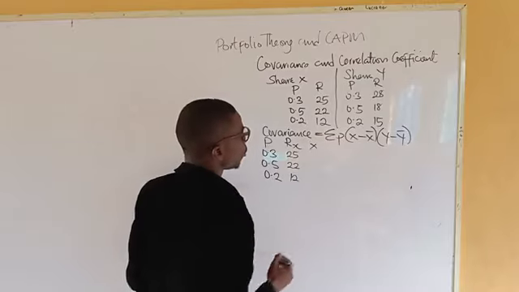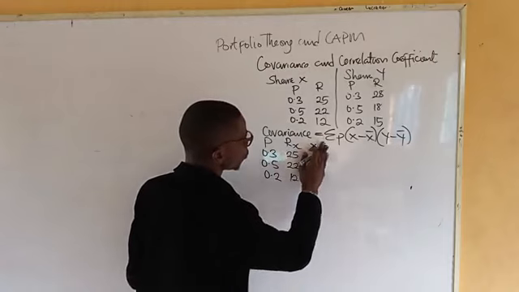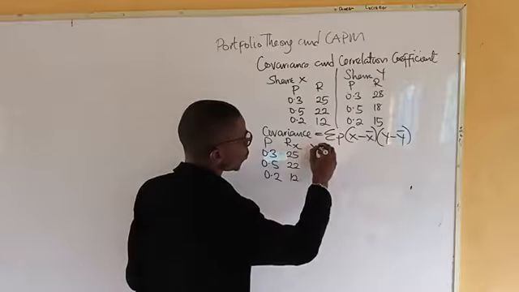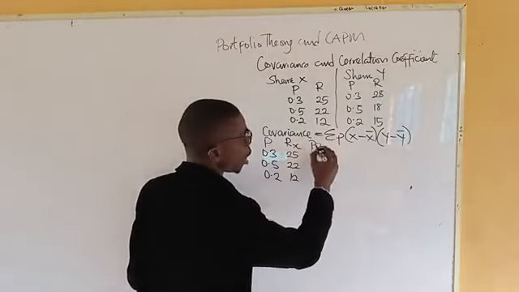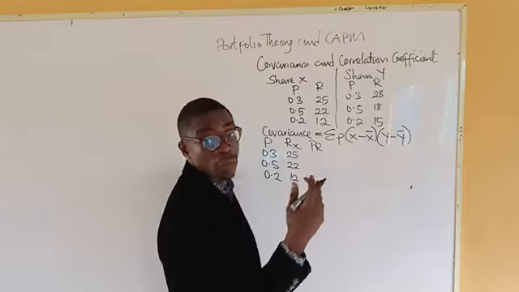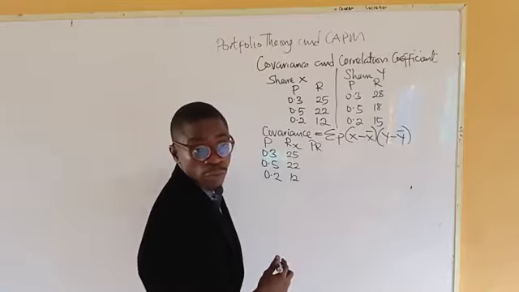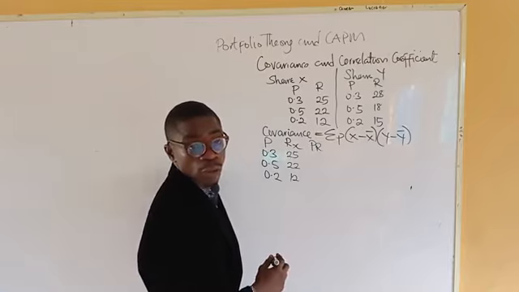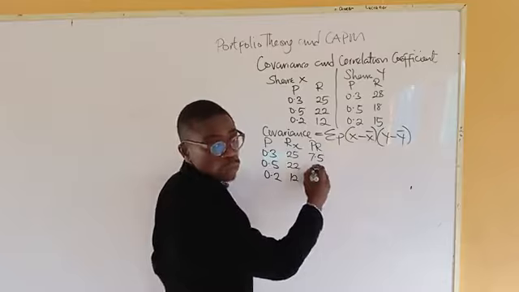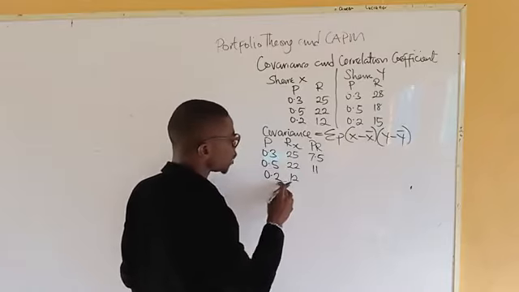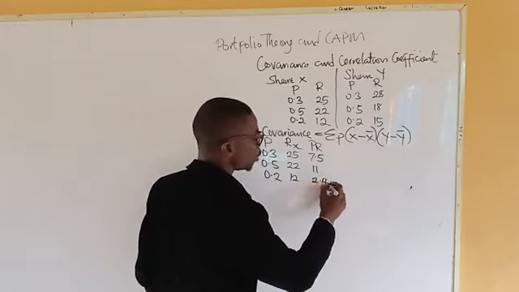What is PR? Now to get our x bar, it will be 0.3 times 25 to give us 7.5. 0.5 times 22 is 11. 0.2 times 12 is 2.4.